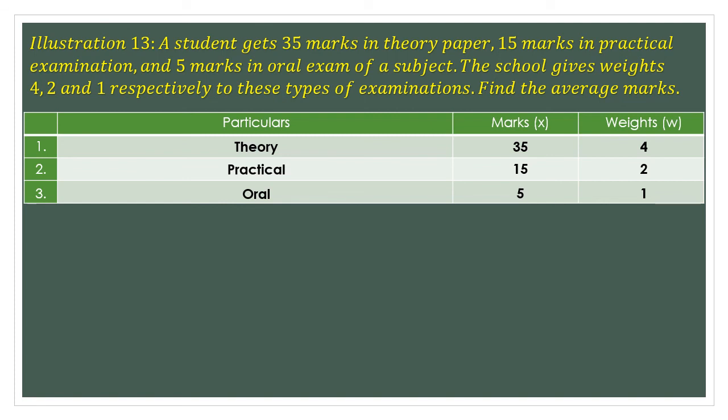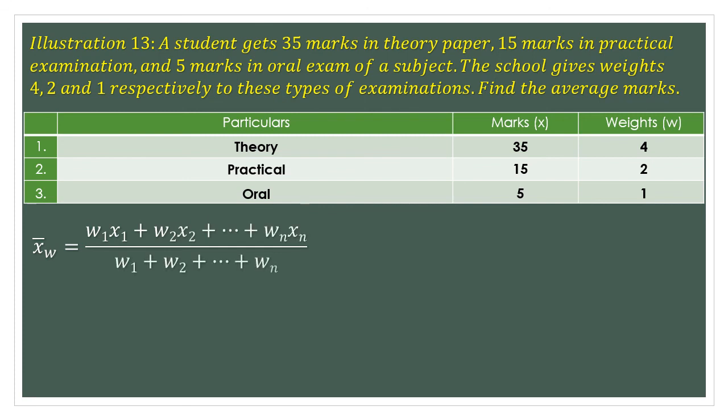We have to multiply the respective weights with its marks and then add them up. The formula which we must write before starting the sum, and put the values down one by one: 4 into 35, 2 into 15, and 1 into 5. Add them up, divide by the total of the weights, that is 4 plus 2 plus 1.